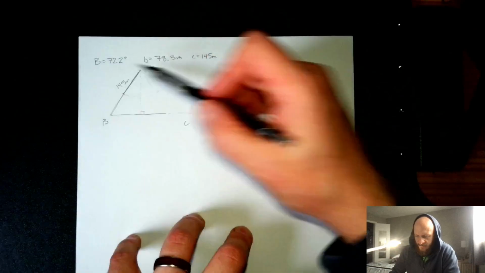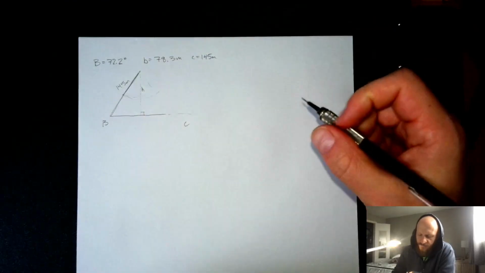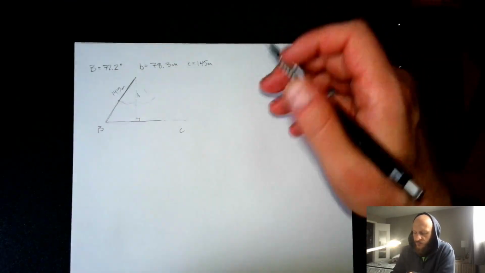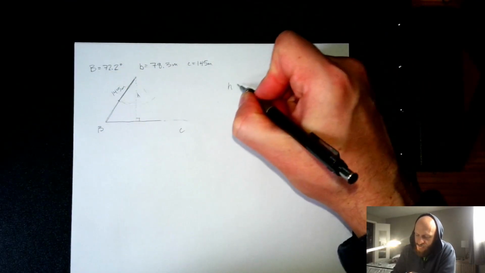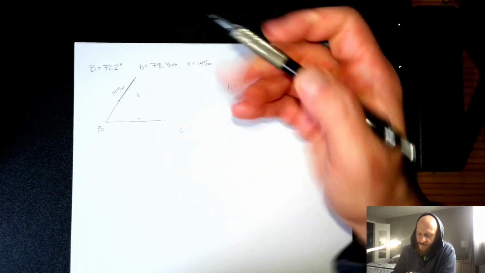All right, let's solve this thing. So I need to find side H, because that's going to tell me if a triangle is even possible at all. So H: sine of B is equal to H over 145.